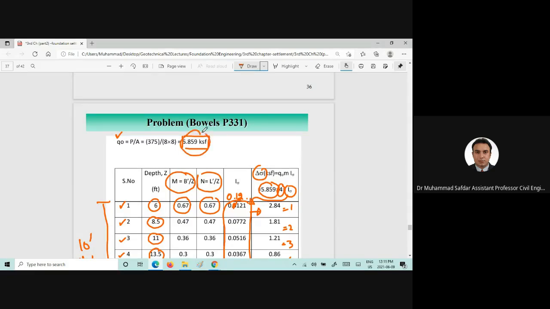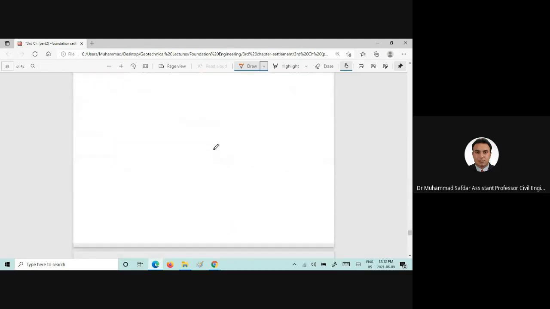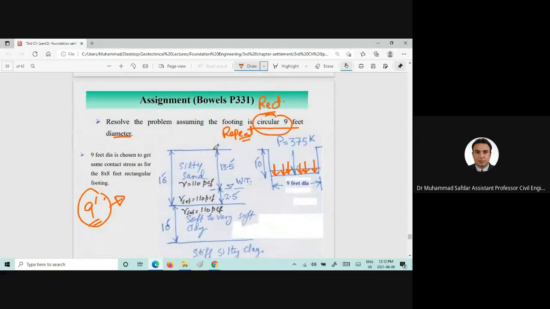So in order to get this Q naught contact stress equal to 5.859, with 9 feet, you can easily find out the area, and then you can find out the radius and the diameter of this circular footing. So this value, 9 feet, is extracted in this problem.